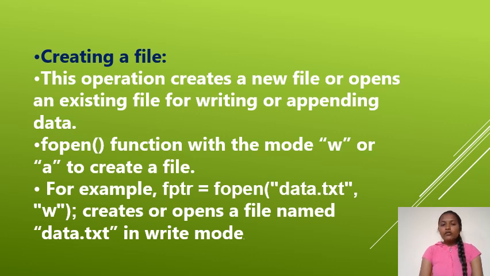For example, for opening a file, we write fptr = fopen("data.txt", "w"). W indicates we should open the file in writing mode. data.txt creates or opens the file with the name data.txt.